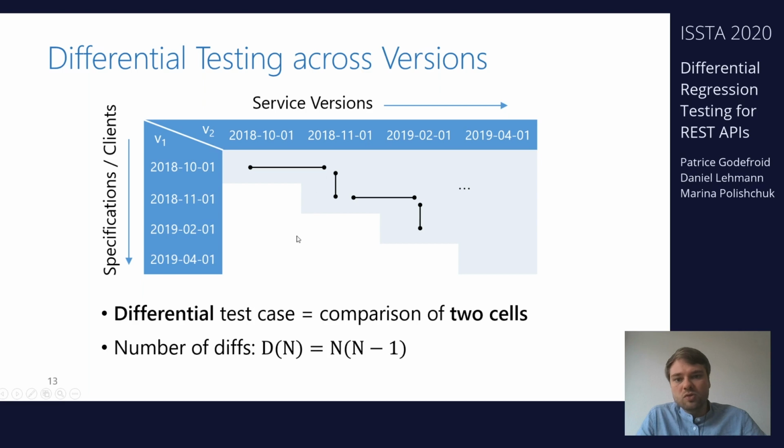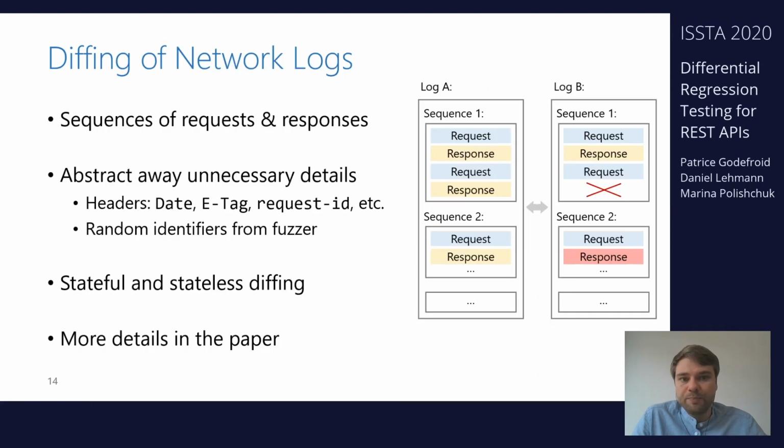So the process is twofold. First, we do the automated testing for each combination of specification and service version, and then we do a comparison between each adjacent cell in this configuration matrix. Now, as to how we compare two test configurations against each other, I don't want to go into too much detail here for time reasons, but the high-level gist is that the result of a test configuration run is a network log, and that is essentially a sequence of request and response sequences.